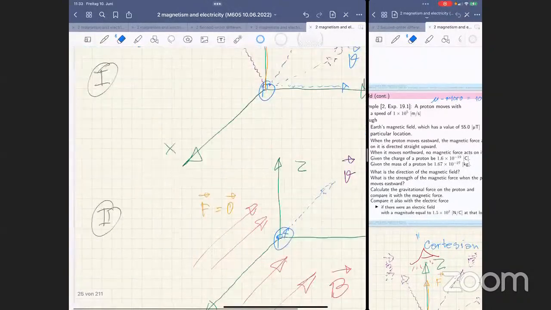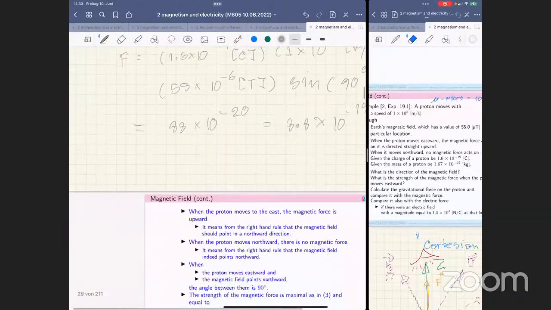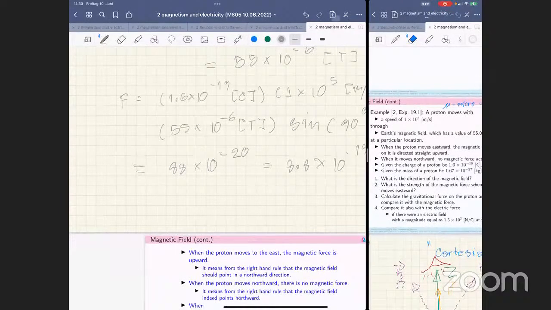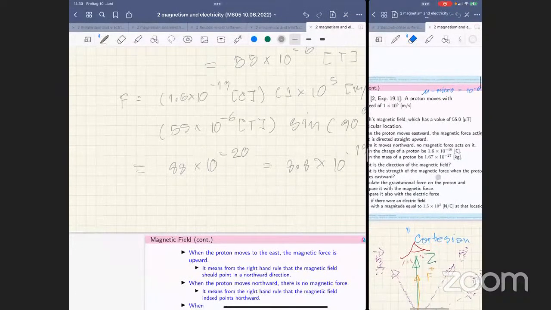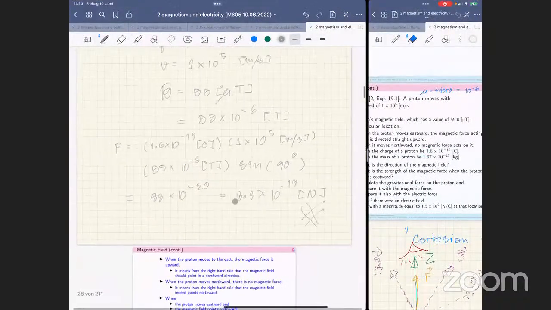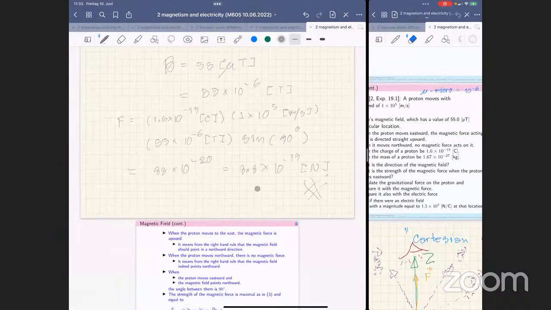Okay. The next question is: calculate the gravitational force on the proton when the proton moves eastward, and compare it with the magnetic force. The magnetic force is 8.8 times 10 to the negative 19.